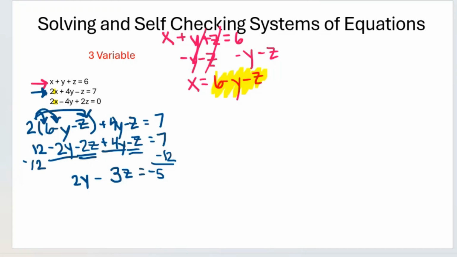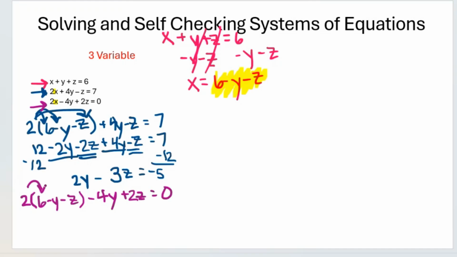I'm going to do the same thing for this third equation here. When I get to x, I'm going to write that 6 minus y minus z. All right, so we have 2 times x, which is 6 minus y minus z, and minus the 4y plus the 2z equals 0.